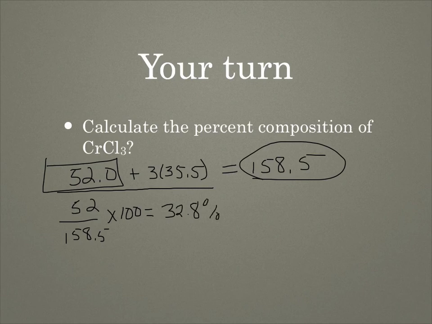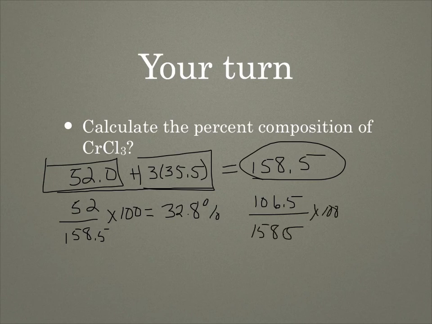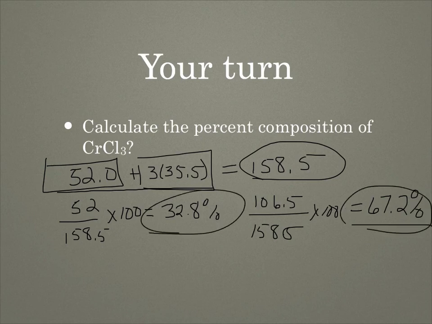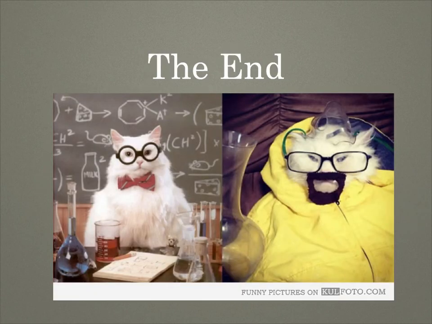To find my chlorine part, 3 times 35.5 is 106.5 over 158.5 times 100 gives me 67.2%. Okay, so there's my two percentages. Once again, they add up to be 100%. There you have it.